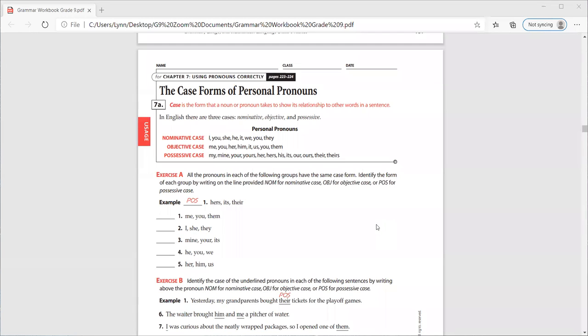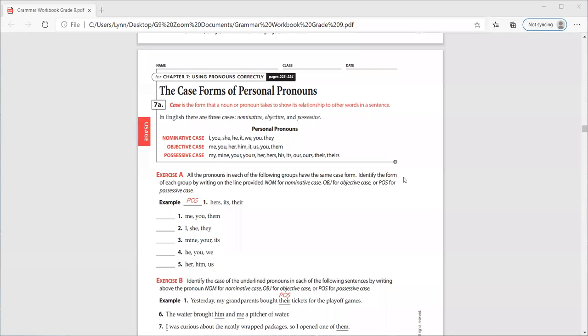The case forms of personal pronouns. Case is the form that a noun or pronoun takes to show its relationship to other words in a sentence. In English, there are 3 cases: nominative, objective, and possessive. Hold on 1 second. Make sure you sign in for attendance, guys.